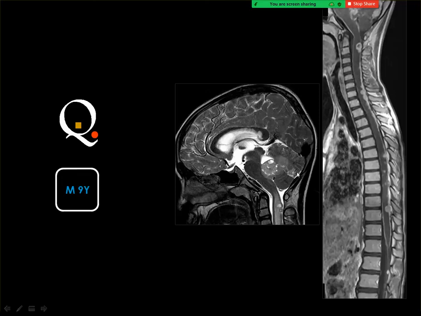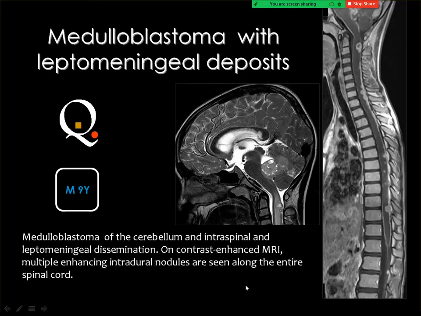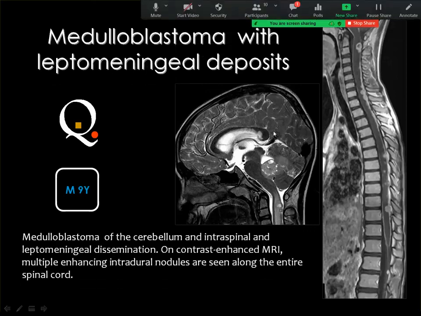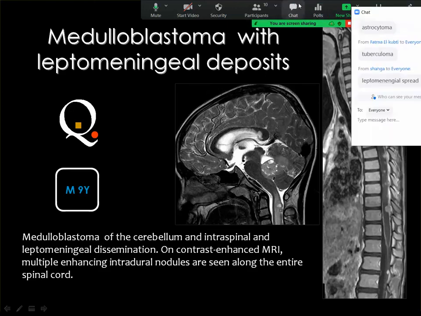But if you look carefully, you may see a tumor in the fourth ventricle, and at this age you may think of an ependymoma, and the ependymoma may show CSF seeding or CSF drop metastasis along the ependymal lining of the spinal cord, and this was a medulloblastoma with leptomeningeal metastatic deposits.